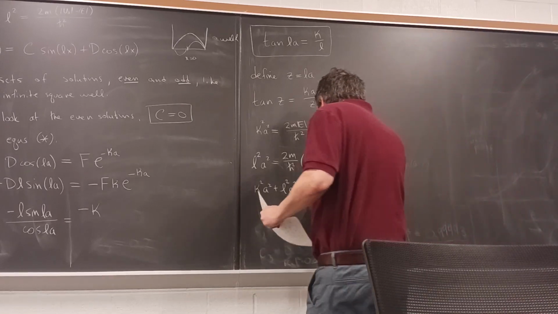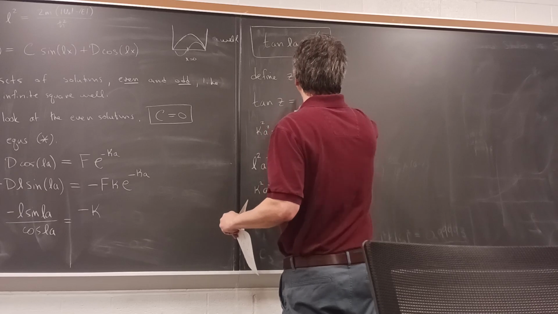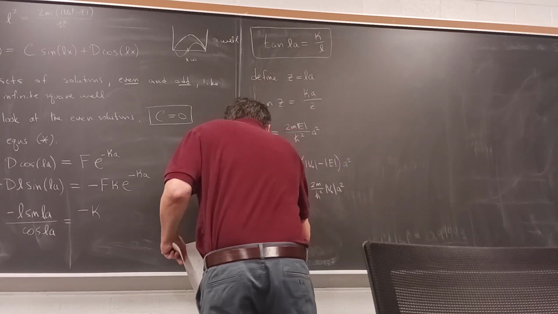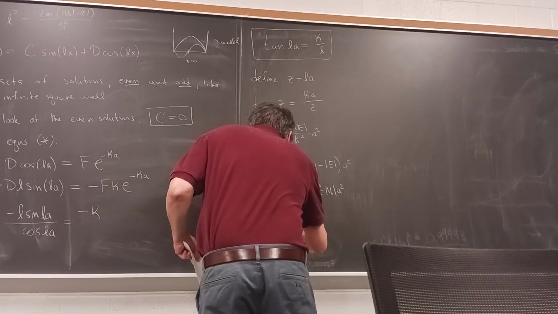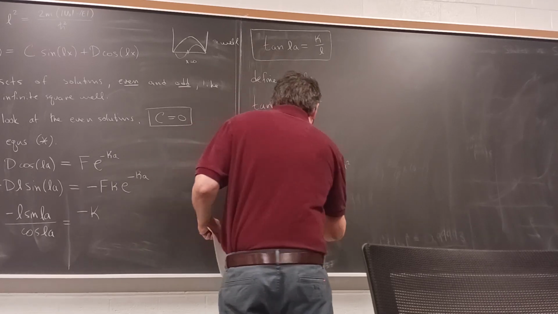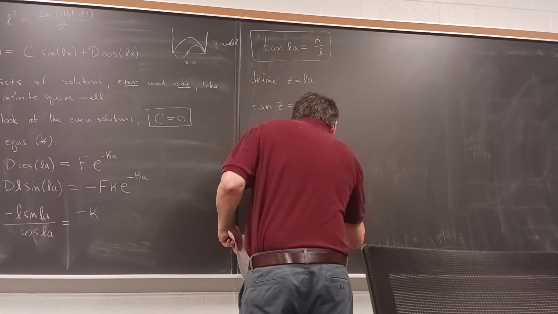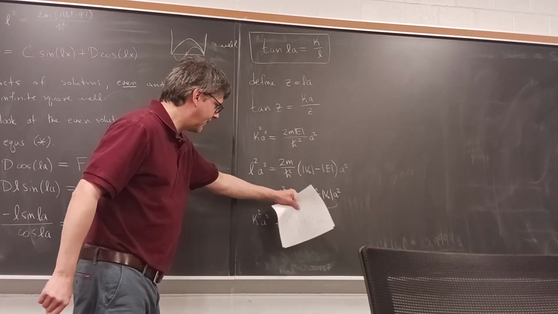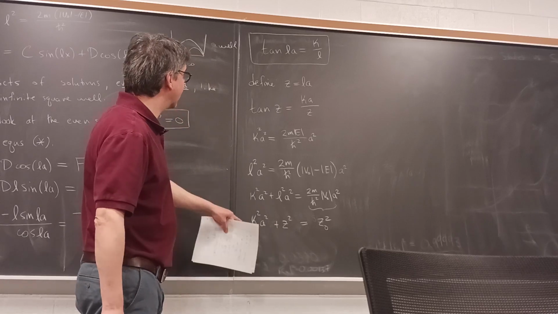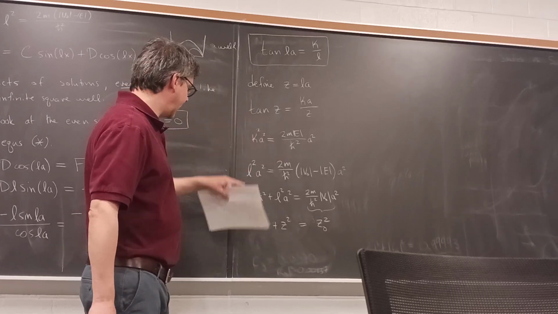Okay, so we said that LA was Z, so we've got here that kappa squared A squared plus Z squared, and we'll define this now as Z naught squared. I'm just going to define all that stuff as Z naught squared, and now I can plug kappa A into this.